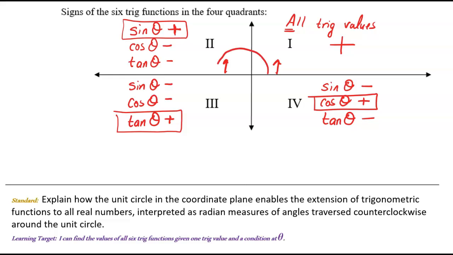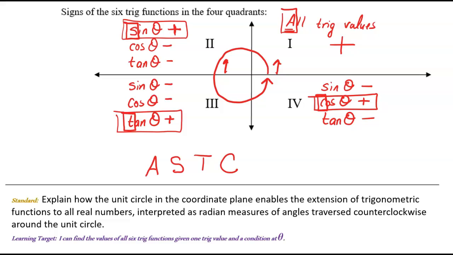As you wrap around counterclockwise for your angle theta, it is: All Students Take Calculus. If you're thinking that's not going to be helpful for me, that's kind of how I felt. But teachers love to write it. All students take calculus. All are positive.